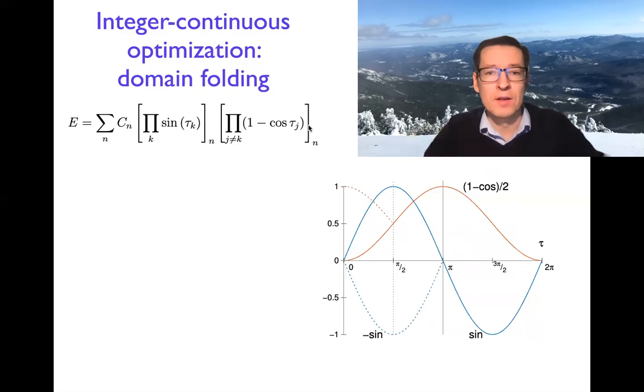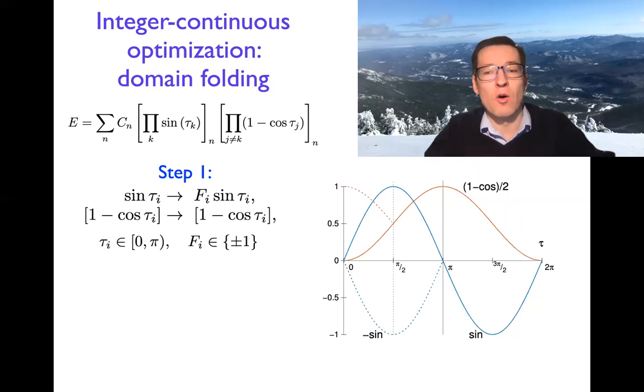And then there is a way to reformulate this optimization problem from purely continuous variables, which are amplitudes, to an integer-continuous form, where we introduce integer variables that will be optimized on the D-Wave part of the problem.